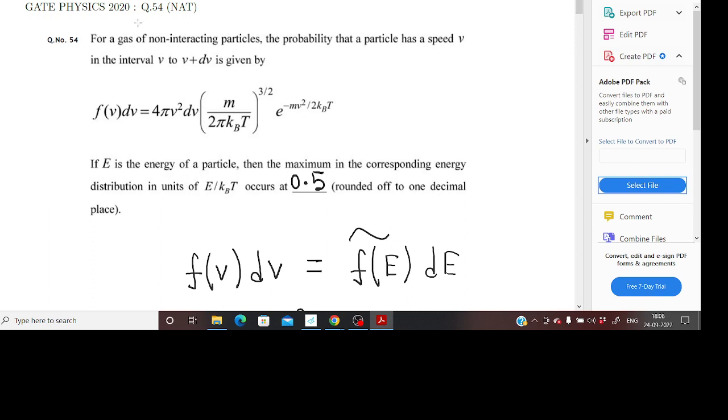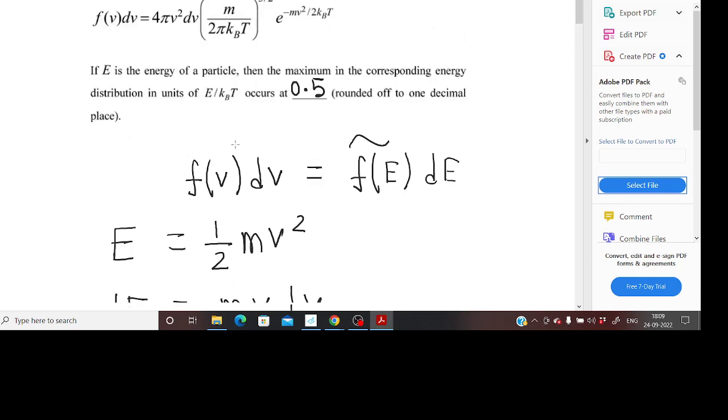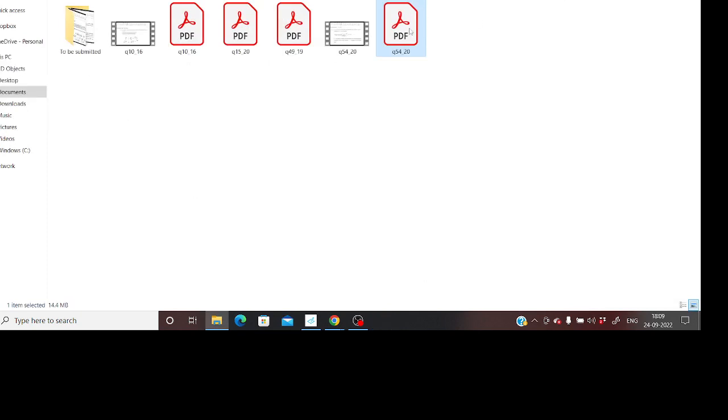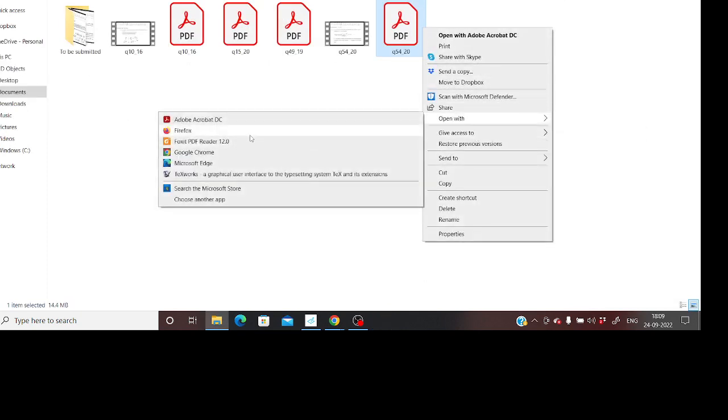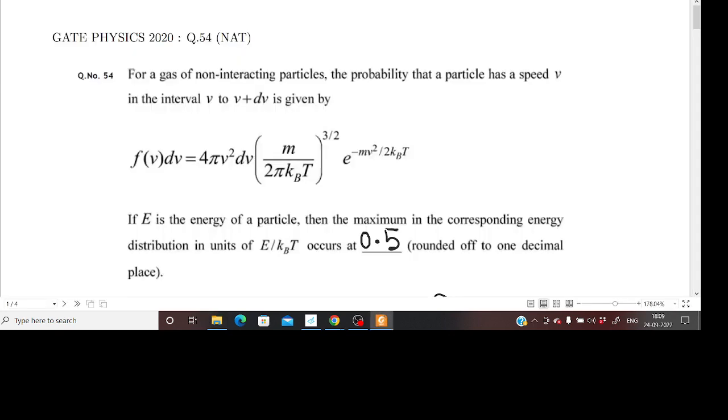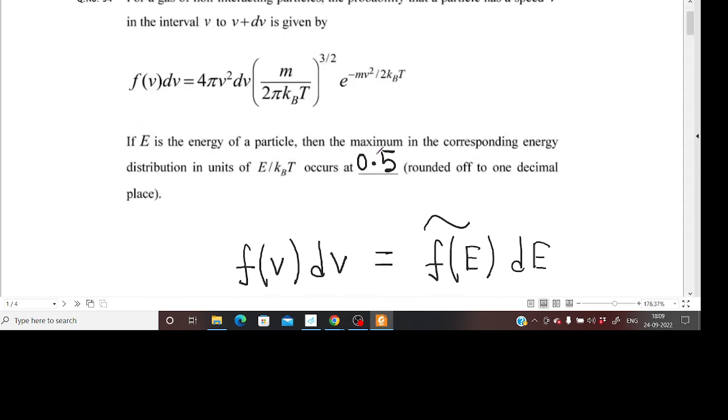And the particles are non-interacting. So what is the total probability? This is equal to 1 because the sum of all the probabilities is 1.